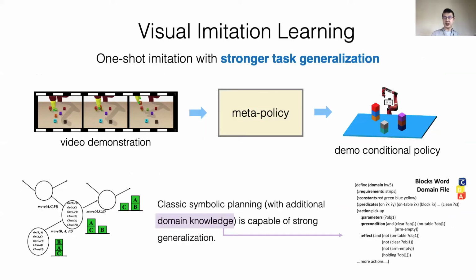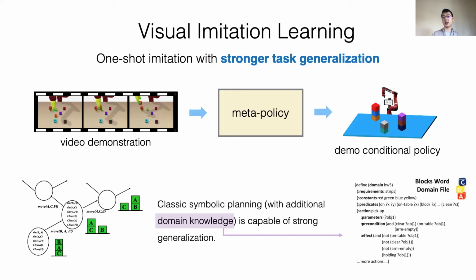So from these experiments, we started to ask again, what form of additional domain knowledge can we inject into the model to achieve a stronger form of generalization? One proposal that came to our mind is a symbolic planner, which is widely used in a lot of classic robotics literature and has achieved strong performance in planning for very long horizon tasks.